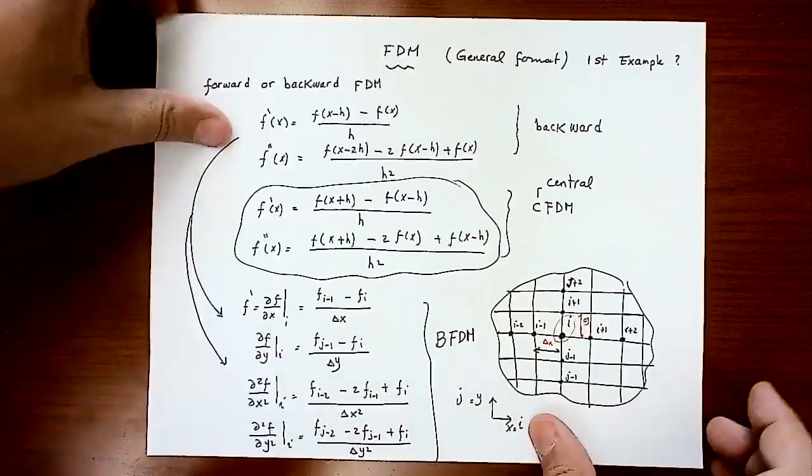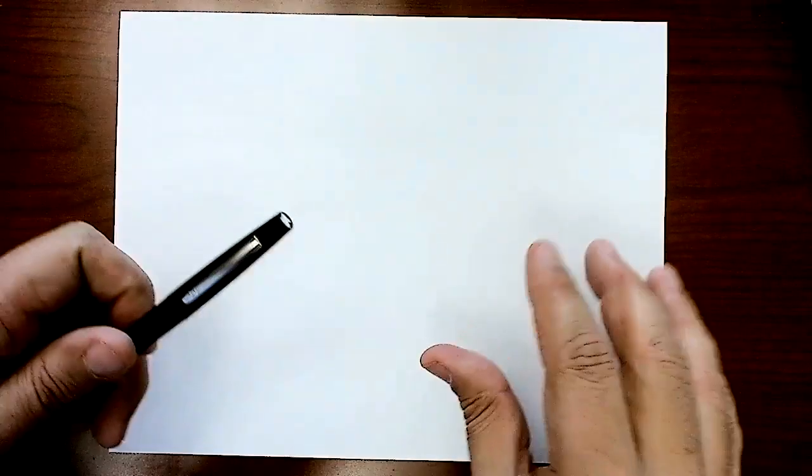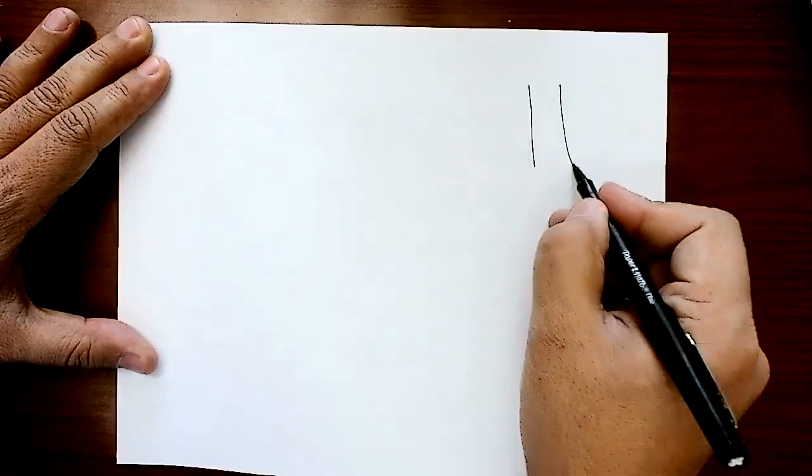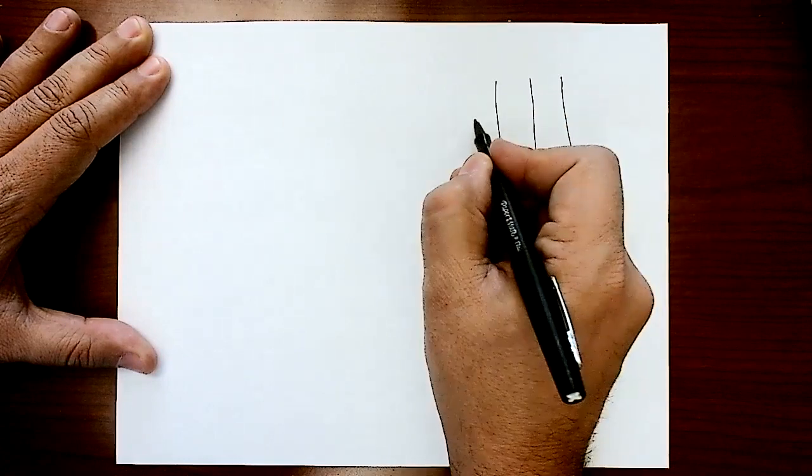So again, I'm going to stick to the central finite difference method and develop a general format for that equation using I and J nodes to get that nodal equation. Here is my grid.